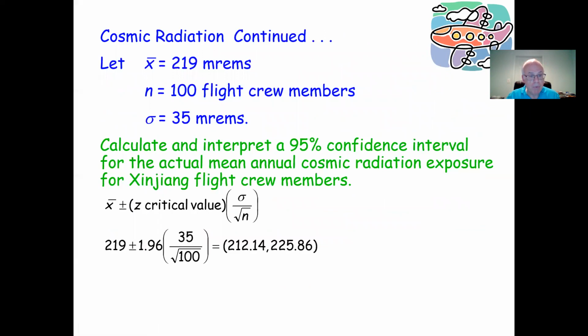So when we calculate our margin of error and add and subtract that from 219, we get on our left endpoint 212.14, on our right endpoint 225.86. This 212.14 is 219 minus the margin of error, and this 225.86 is 219 plus the margin of error.